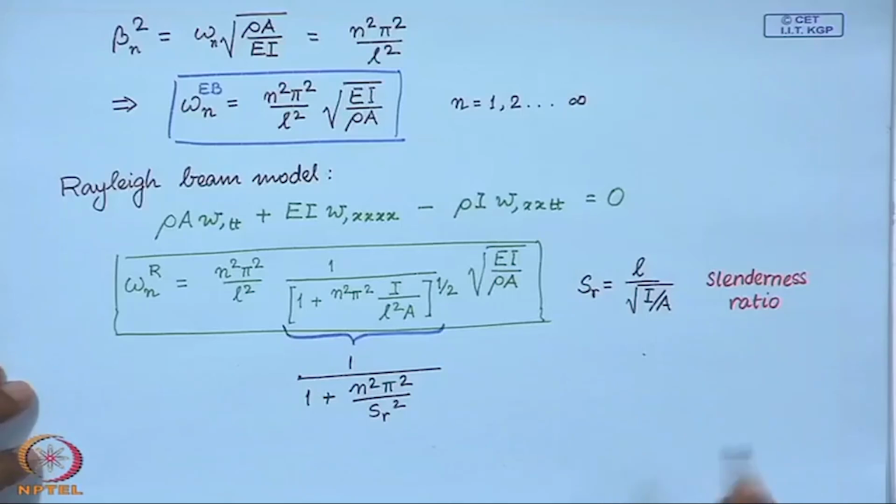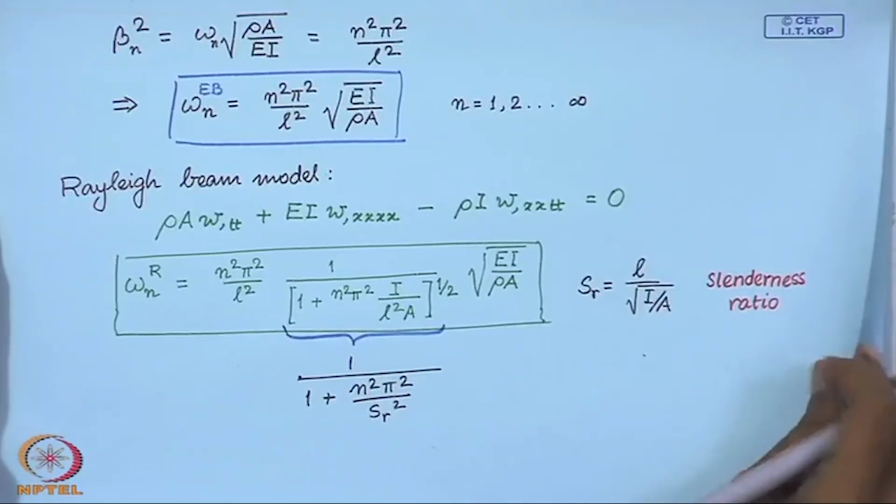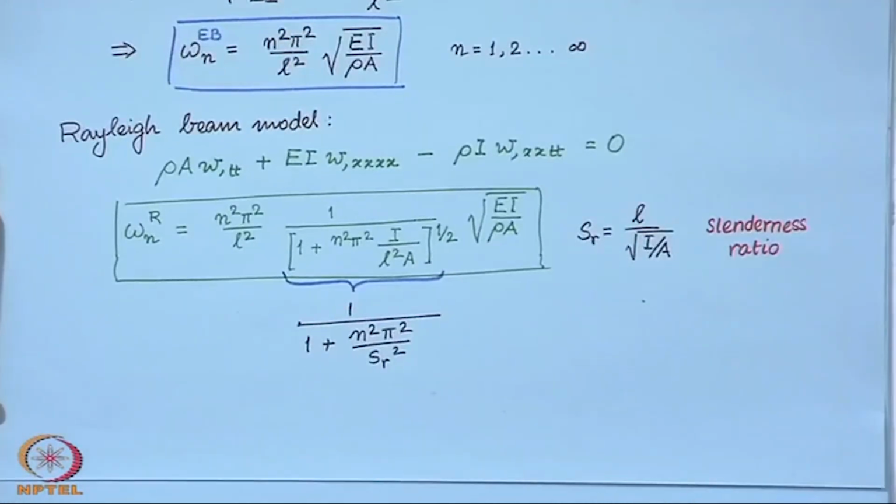This means the rotary inertia term is effective for higher modes. To understand this, let us see what happens in the higher modes after we look at the eigenfunctions.